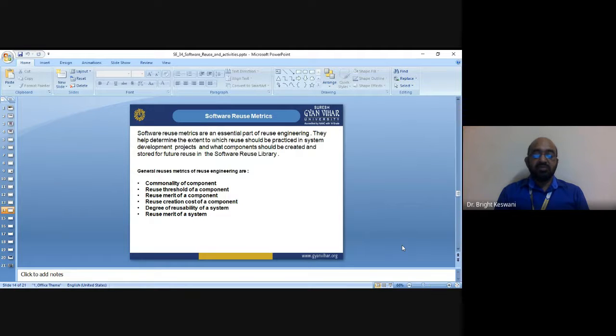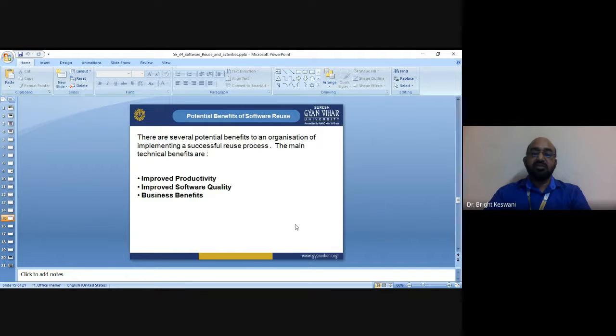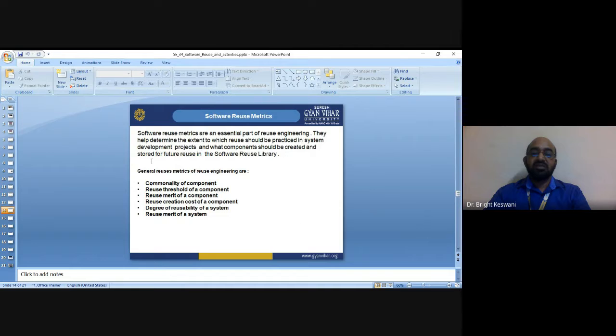It is used to measure the proportion of a system that is reusable relative to the average proportion for a system in one business area, domain, or across the entire corporation. So these are some software reuse matrices. A list is provided here.